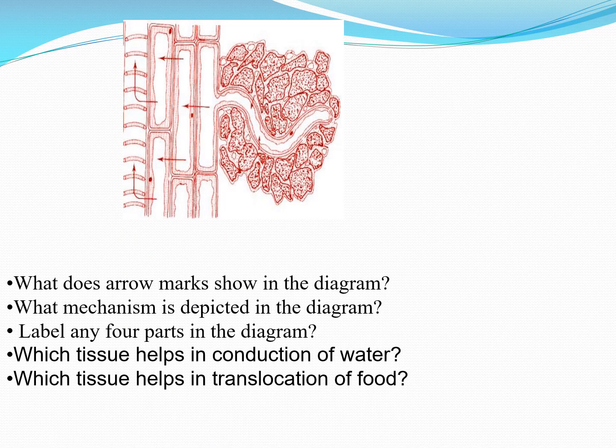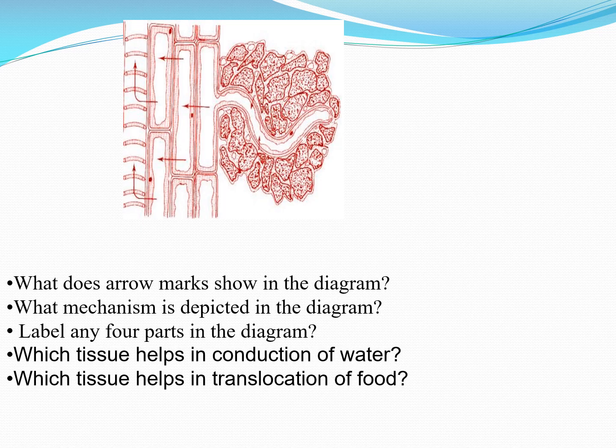Here first question. What do arrow marks show in the diagram? Arrow marks show the direction of flow of water. Next question. What mechanism is depicted in the diagram? It shows ascent of sap. That means upward conduction of water against gravity from roots to the top of the plant.